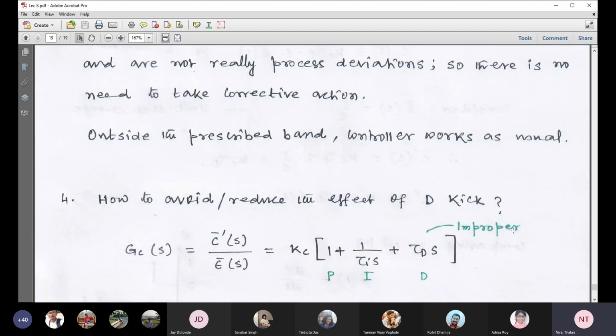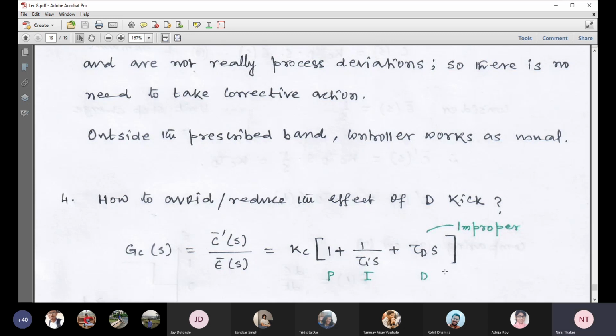So you see the issue is explained in this way again. This is a transfer function of the PID controller that we derived a couple of minutes back.